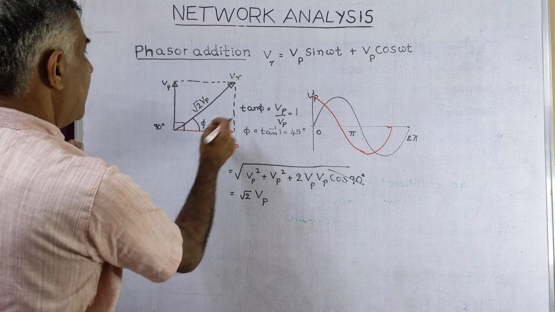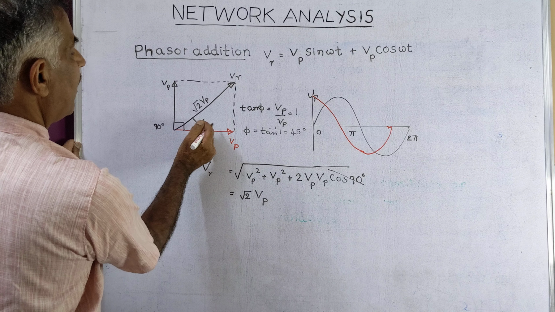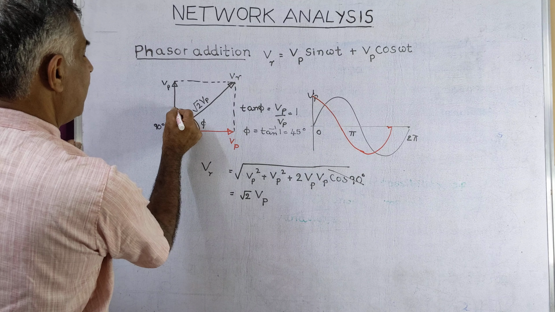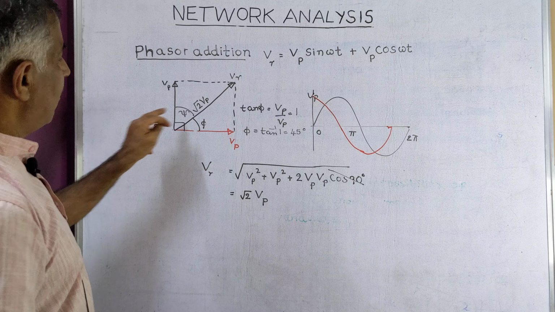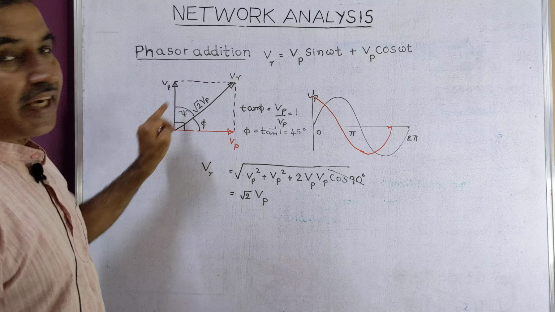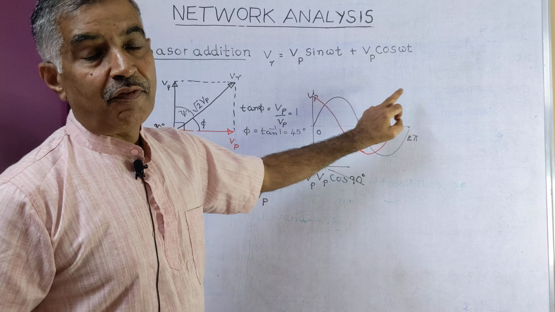Next, root 2 Vp. Now the resultant is leading the sine wave by phi or lagging behind the cosine wave by an angle xi. You can also find this xi in this right angle triangle, and this is what is known as phasor addition.